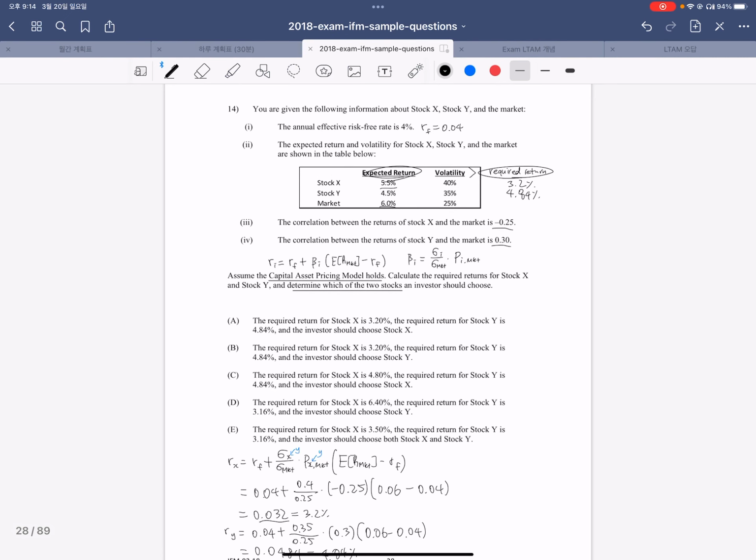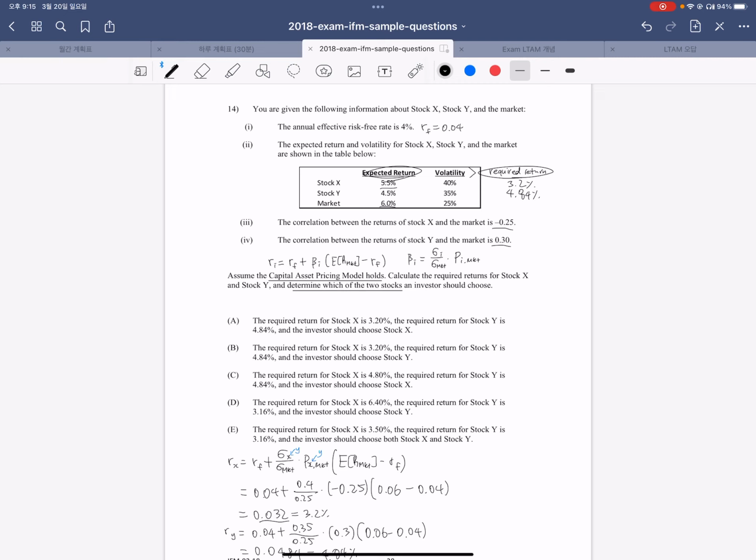So, since the expected return for stock X is larger than required return, it should be a good investment because we will be expecting more return than the minimum return. And while looking at Y, the required return is larger and the expected return is smaller, so this should be a bad decision for investment.